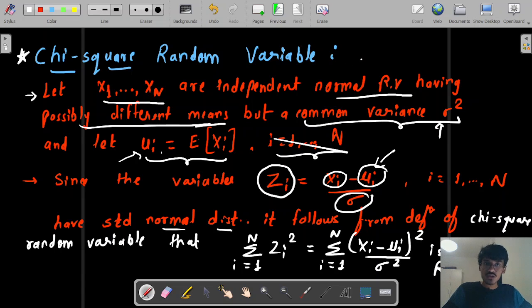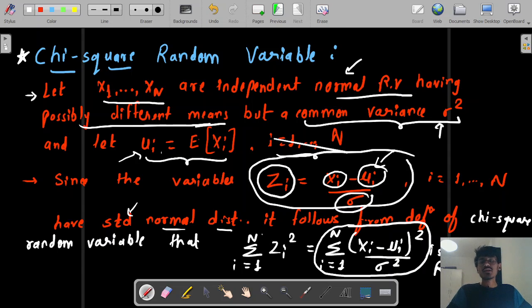Okay, this was just the normal distribution, but this will be the standard normal distribution. So it follows from the definition of the chi-square random variable that the summation of Zi square for i from 1 to n, that is for all the random variables that we have, squaring it, will be like this, because we just substitute the value of Zi from above.